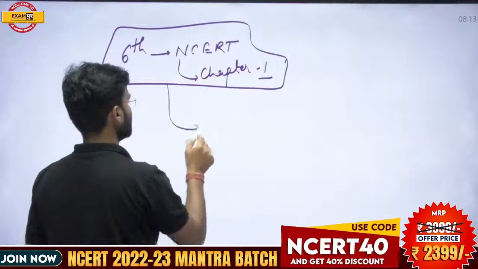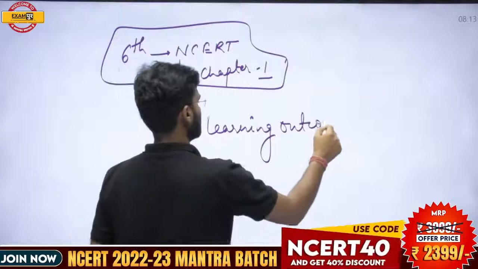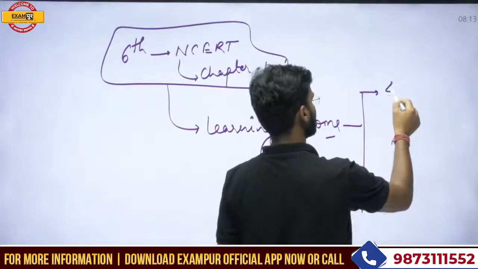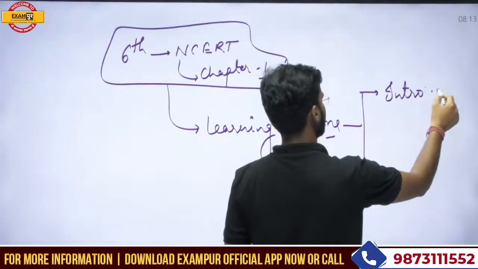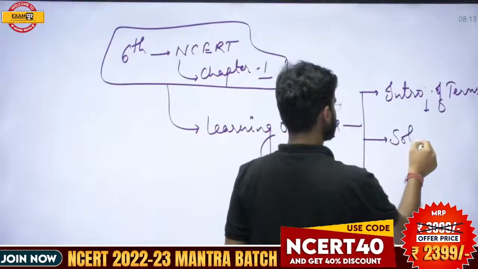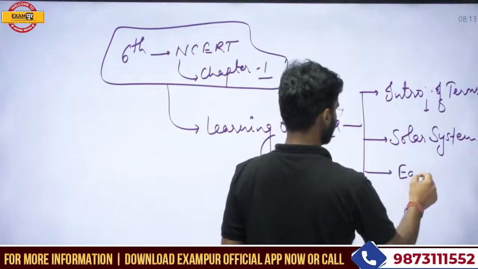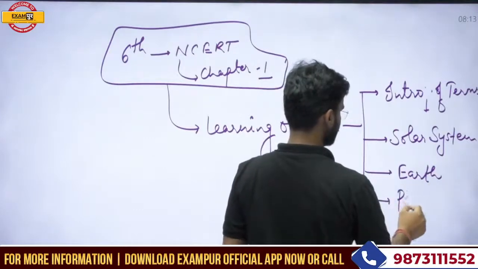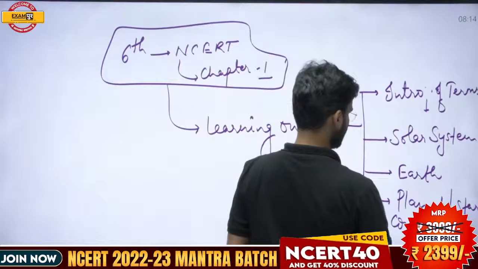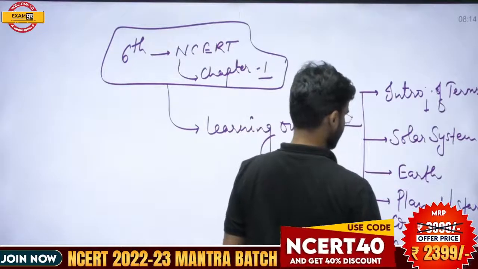In this, what would be our learning outcome? Learning outcome: introduction of terms, basic concept of the solar system, Earth's location, planets, stars, constellations, asteroids, meteoroids.